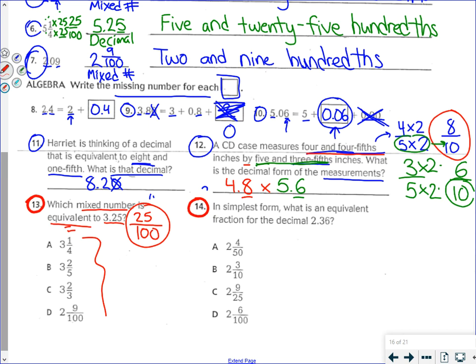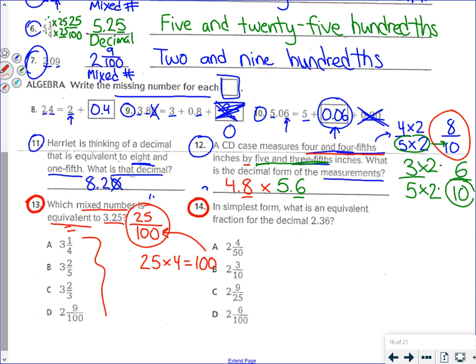I know that 25 times 4 equals 100. That's our denominator. So that means we can divide by 4 instead.